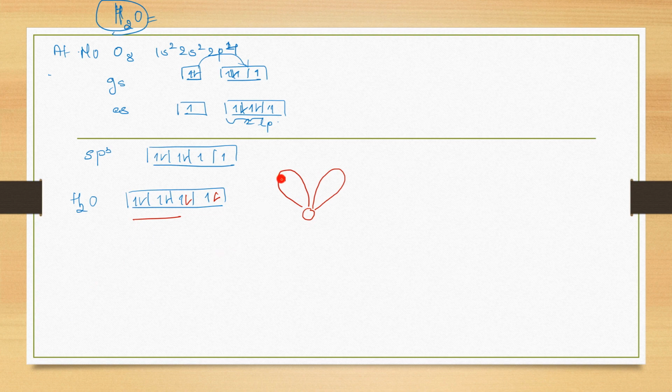So two lone pairs of electrons on oxygen, and then you have this water. This is the shared one. This is H. Okay, this is sp3 s. This is also sp3 s. So here you are having two lone pairs, and here you are having bond pairs.